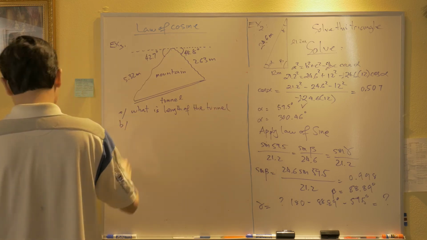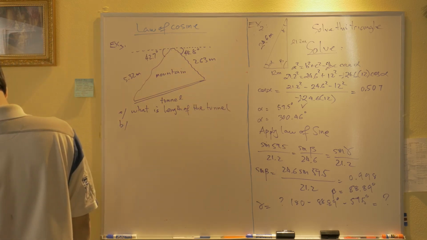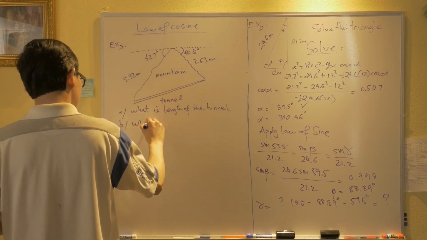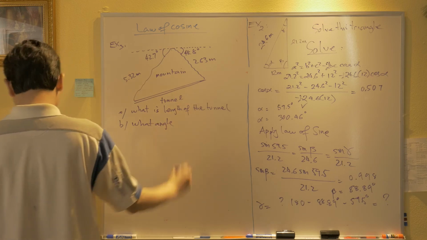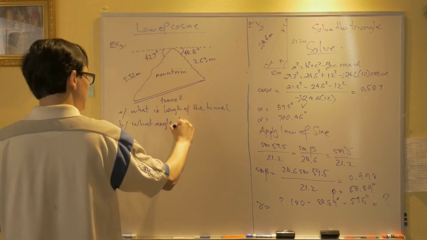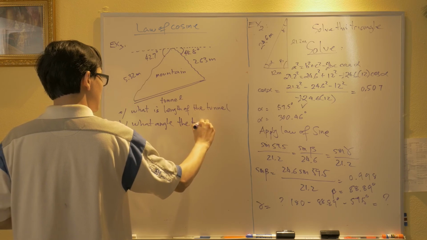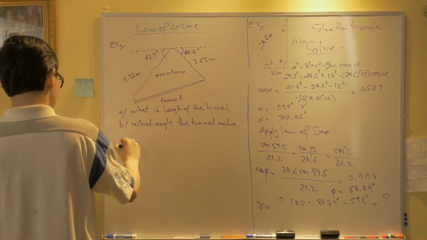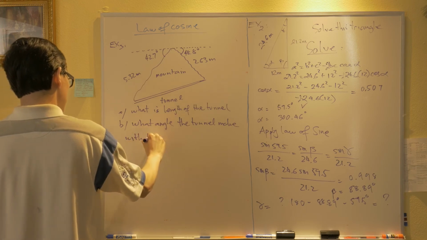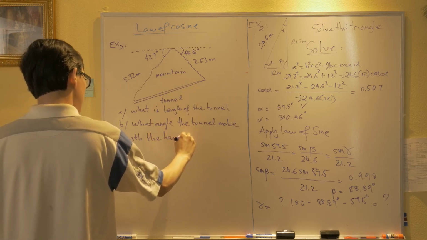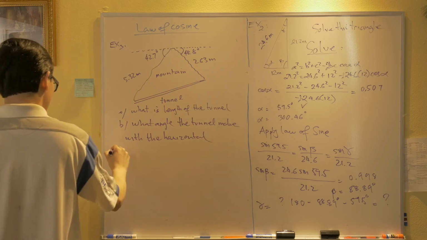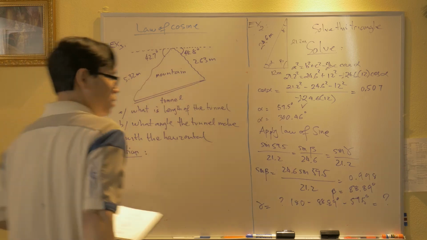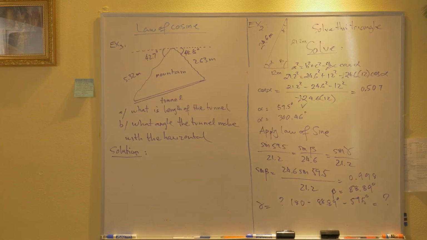Question B: what angle does the tunnel make with the horizontal line? All right, how are we going to do this?